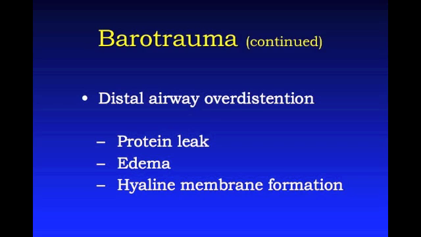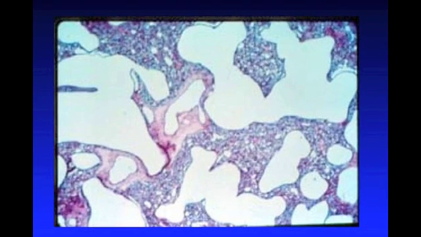What we found out in the baboon model is that hyaline membrane disease is actually lung injury. It's not just due to surfactant deficiency, and I'll show you a slide of that in a minute. And this is what I'm talking about, dilated airways. Those very large open areas that you see there are the airways of a baboon that's about a 28-week human equivalent who has hyaline membrane disease.